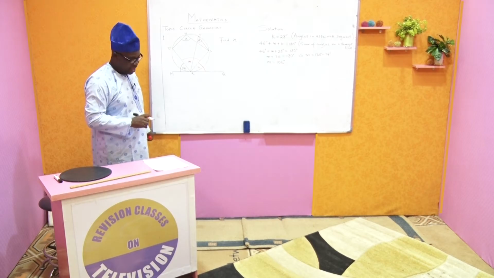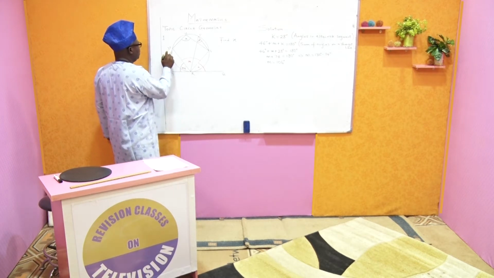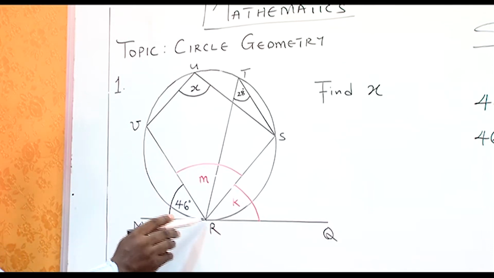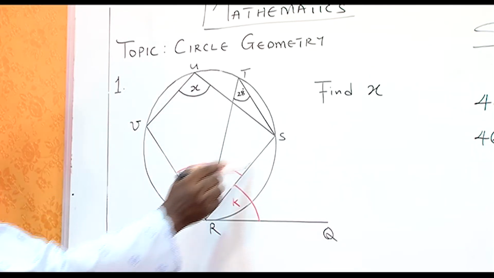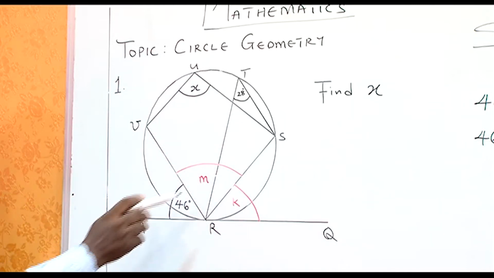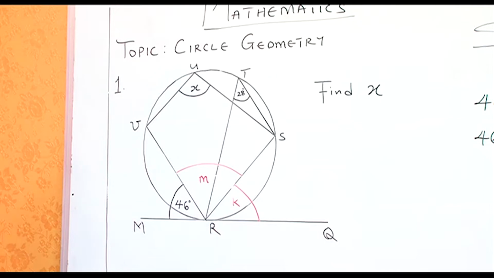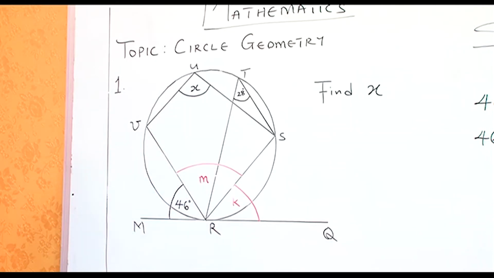Now we have gotten the value of M to be 106. Now if you look at this shape, that is shape VRSU, it is a cyclic quadrilateral. Therefore, angle M plus angle X is going to be 180 degrees because they are opposite angles of a cyclic quadrilateral.